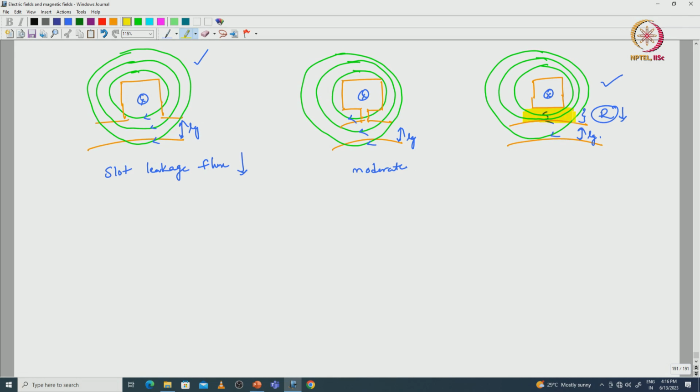In this portion the reluctance will be very small, and most of the magnetic flux lines will flow here. Because of that reason the leakage flux will be higher here.